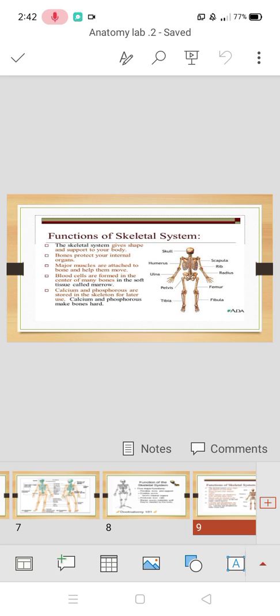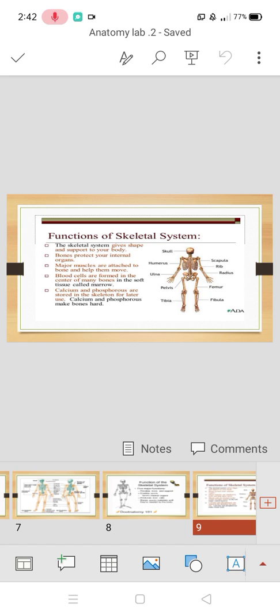We have the skull, a bone structure that forms the head in vertebrates. The second is the humerus, a bone in your upper arm. Scapula, a large triangular-shaped bone that lies in the upper back.